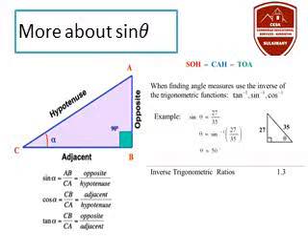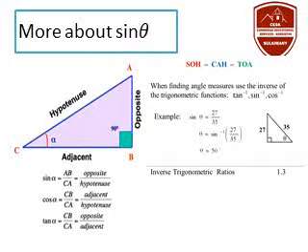Listen, here we have an example. This is adjacent, this is opposite, and this is hypotenuse. When you say sine theta, you divide 27 by 35, because opposite is 27 and hypotenuse is 35.